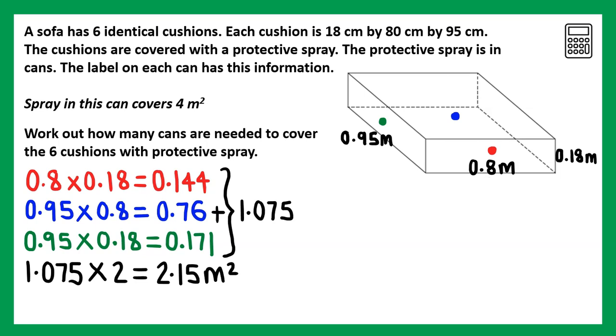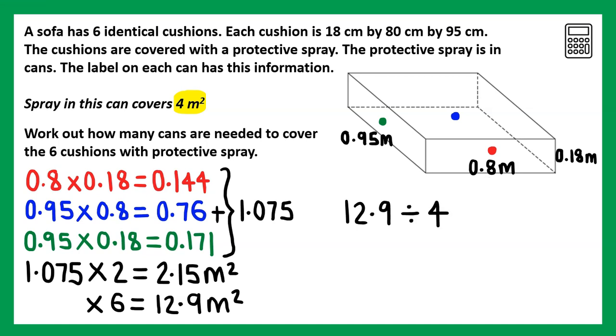Now, we were told in the question that there are 6 identical cushions, so that means the total surface area of all 6 of the cushions would be 2.15 multiplied by 6, giving me 12.9 meters squared. We know that each spray can covers 4 meters squared, so dividing 12.9 by 4 will tell me how many spray cans I'll need to cover the cushions.